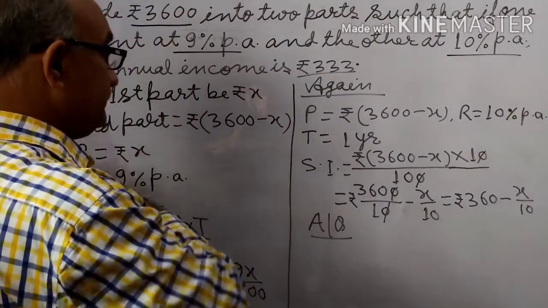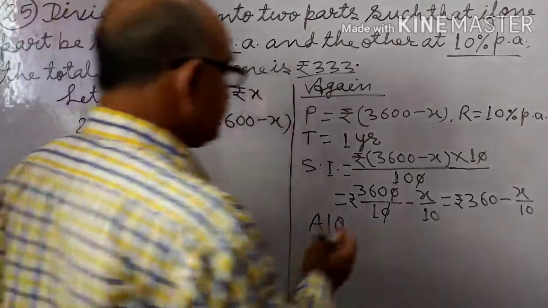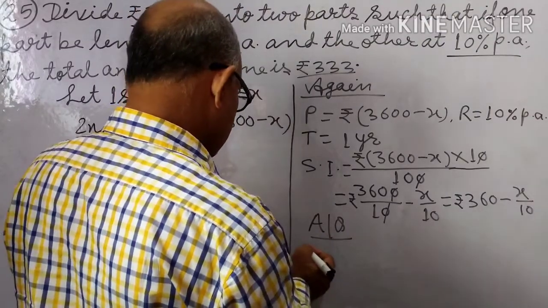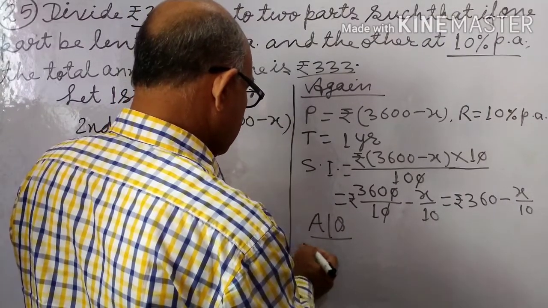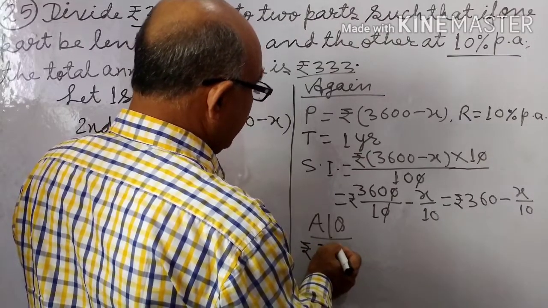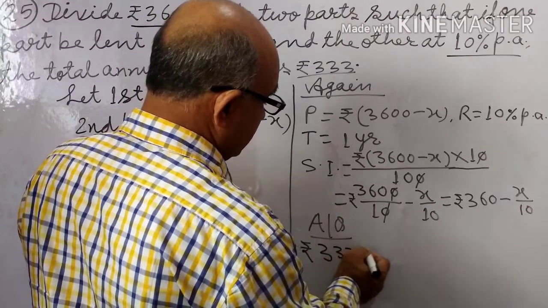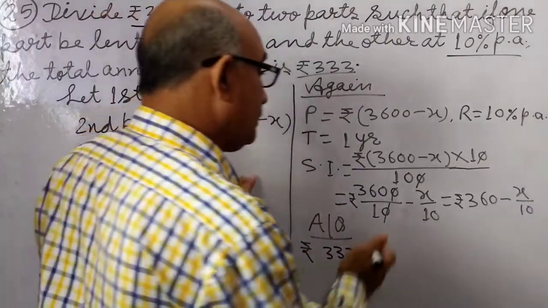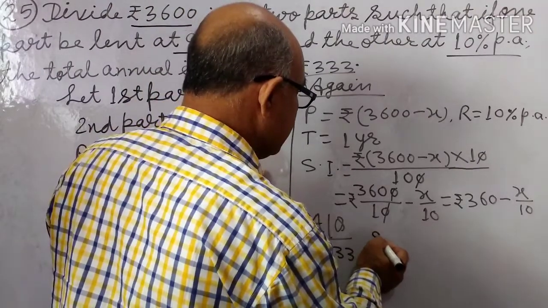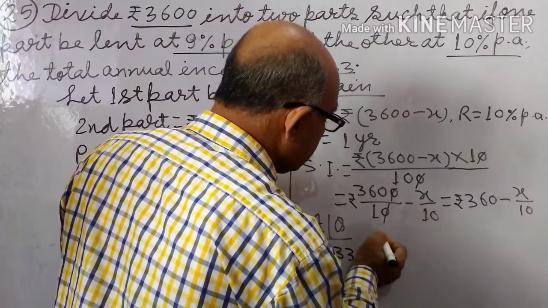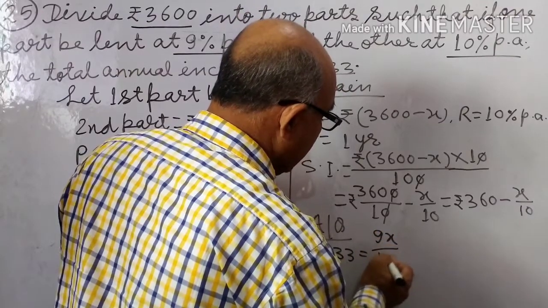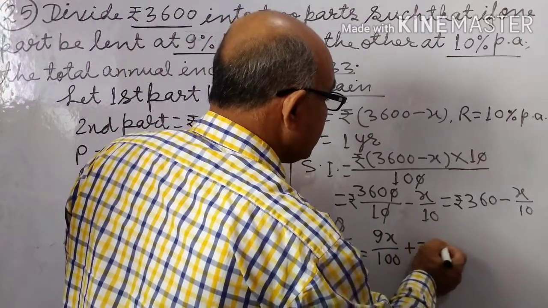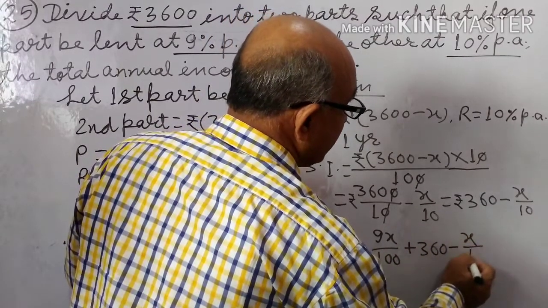So annual income at both is rupees 333. 333 equal to 9x by 100 plus 360 minus x by 10.